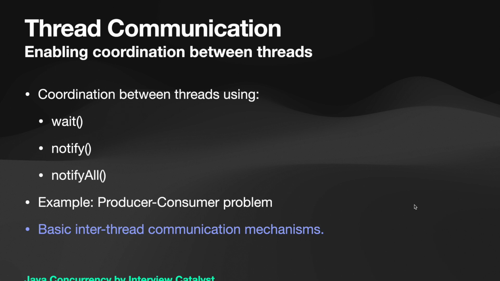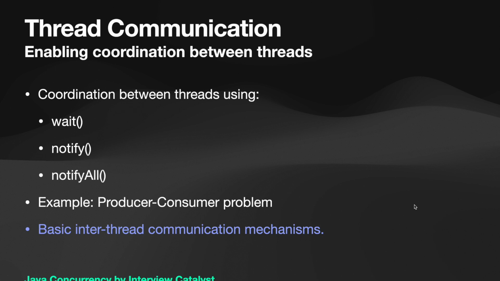So the basic thread communication mechanism is wait, notify, and notifyAll when we use the object lock. And the advanced way of doing that, we create an instance of the Lock interface, and for the implementation we can use ReentrantLock, and we can use that particular object to lock and unlock a particular section where we will execute the code that is part of the critical section.